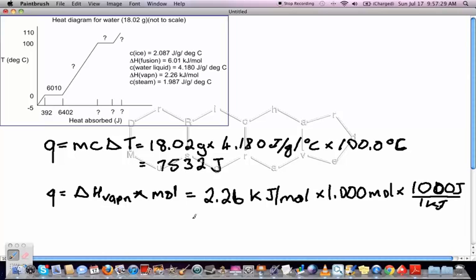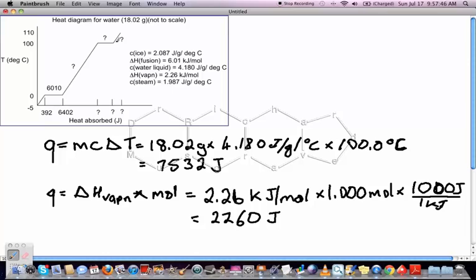And that's going to be 2260 joules. Alright, so that's the amount of energy it takes to turn that liquid water into steam.